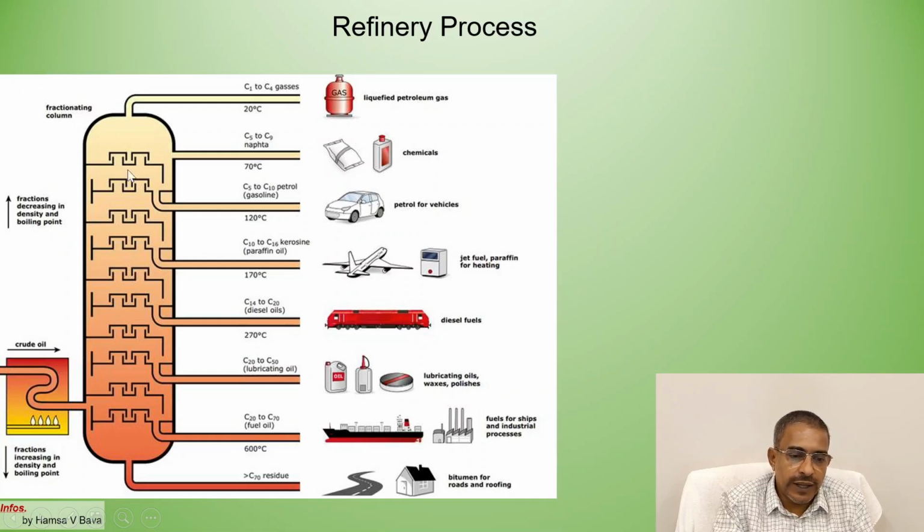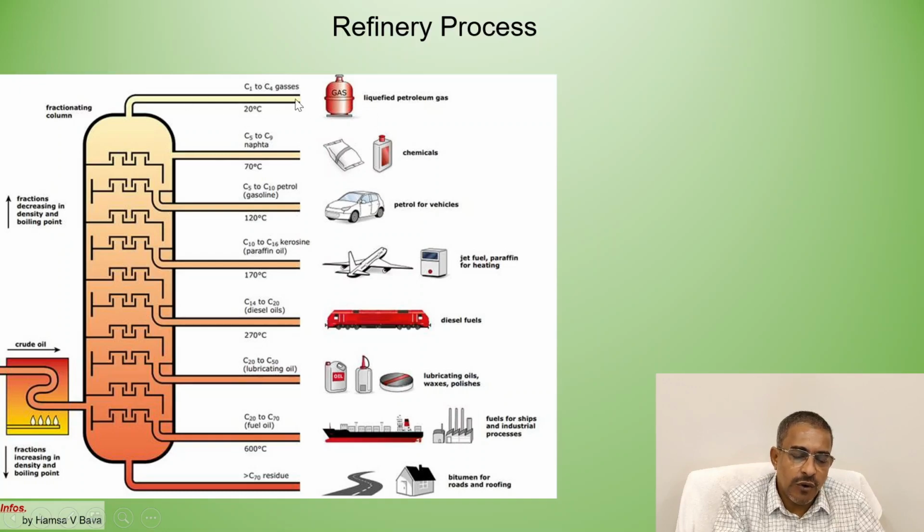So in that one, the hydrocarbon components which have low boiling point will come up. See here, at 20 degrees C, C1 to C4 will separate here as liquefied petroleum gas. Some percentage will still be available in crude oil, that will separate here based on the boiling point difference.